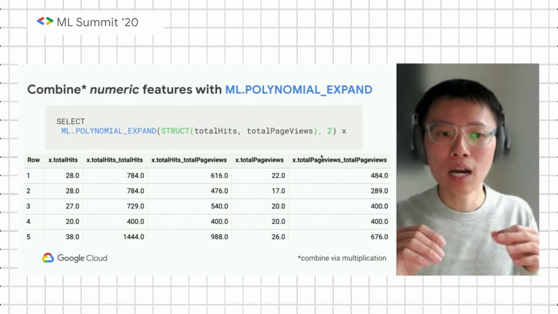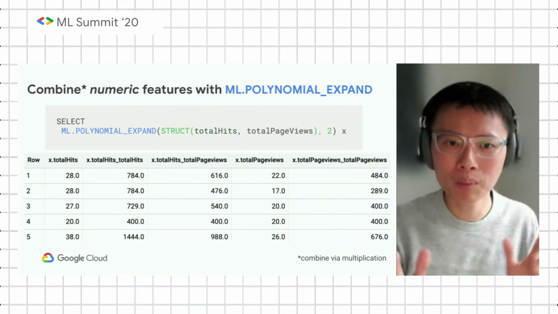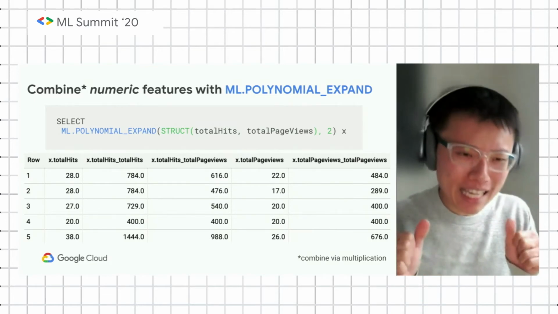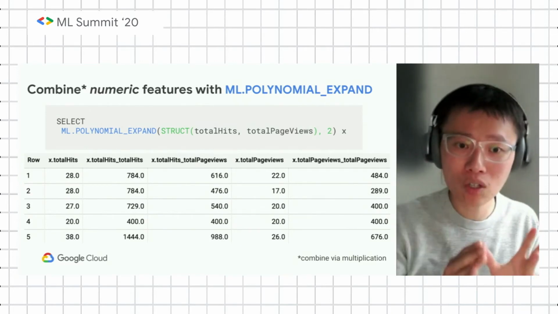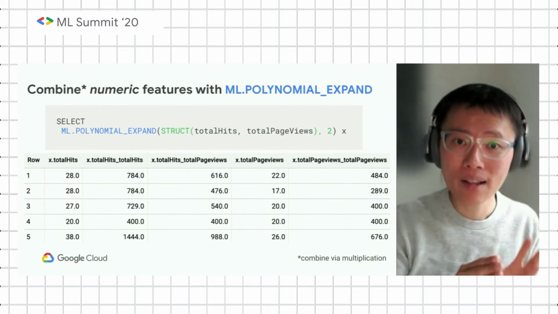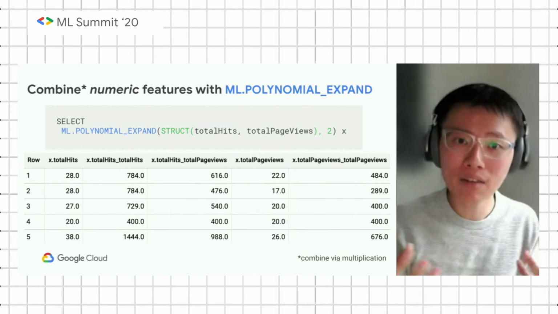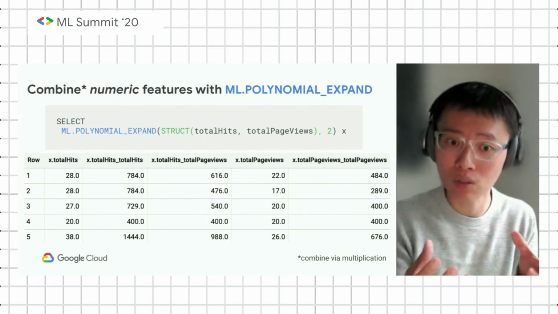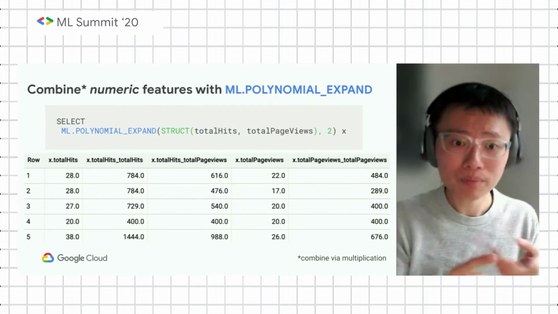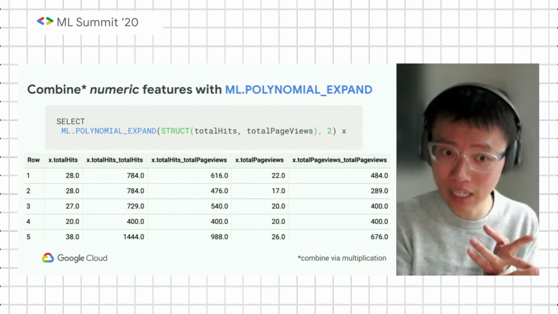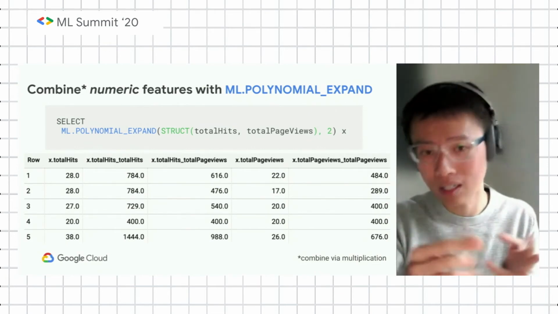So first of all, you might be thinking, wait, hold on. Why are we doing this? Why are we multiplying features together? Well, it could be that for some reason, these features are really important. And not only that, by taking the combination of these two features, you're actually magnifying the signal from these two features, either by squaring it by itself, by taking the interaction between these two features, or by squaring the second one.